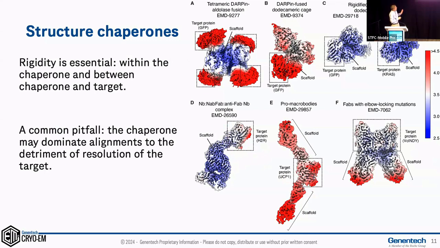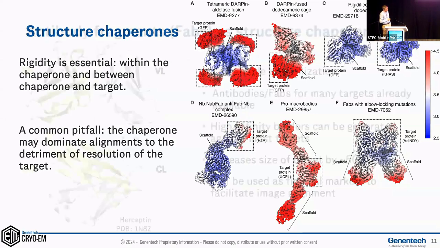And this is to illustrate that one of the common pitfalls with structural chaperones is that if the chaperone is significantly bigger or more rigid than your protein of interest, single particle image processing can have the alignments driven by your chaperone at the expense of your target protein. And so in local resolution maps, if you have remaining flexibility, or even if you don't have much flexibility, but the target is smaller than the scaffold, then the target protein ends up being resolved at a lower resolution, which is not ideal.